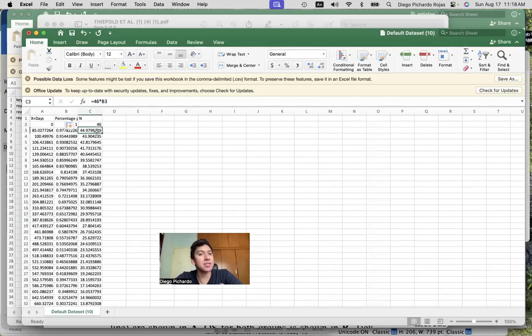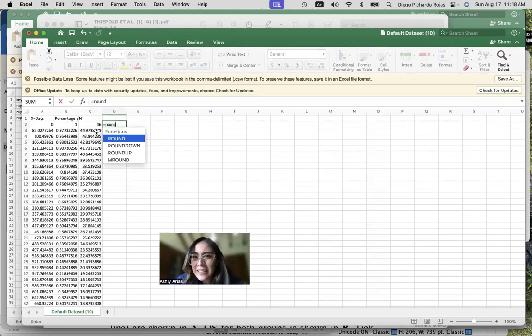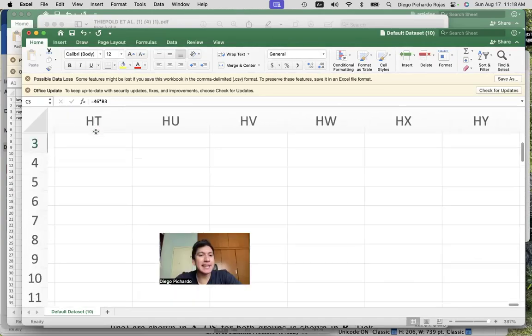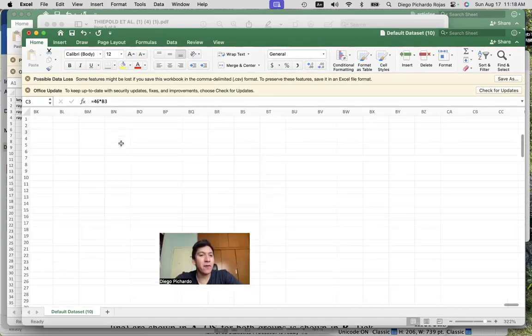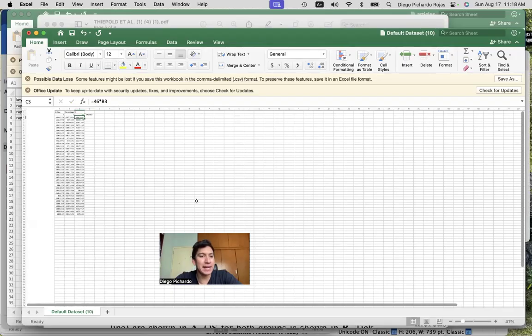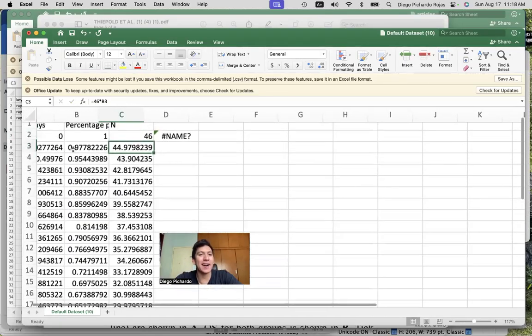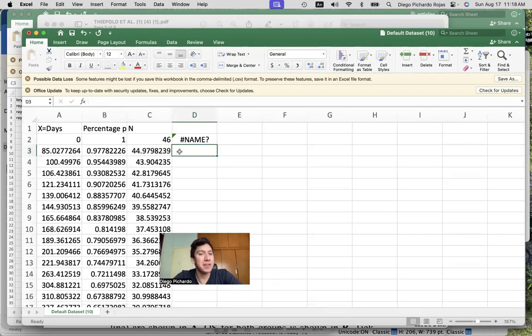What we're gonna do is just round down all these numbers, right? Because it tells us there are like 47.9 patients. But we know that this 44.9 is actually 45, you know?